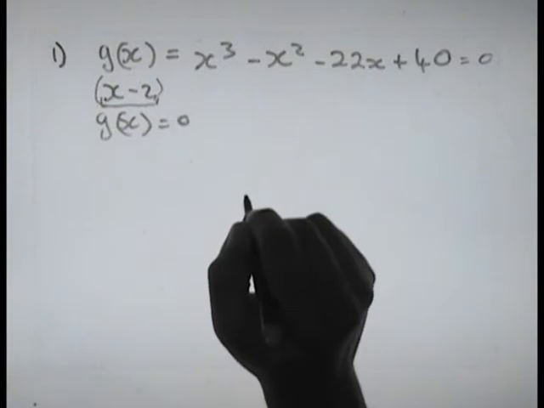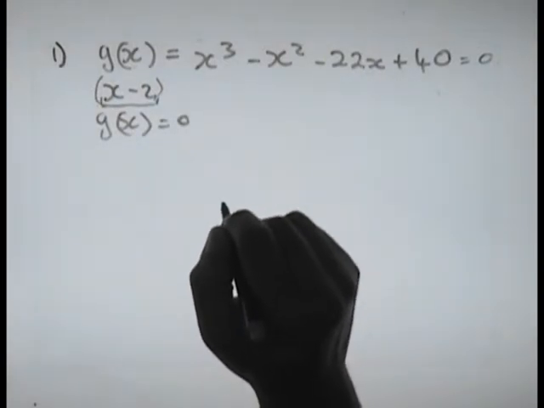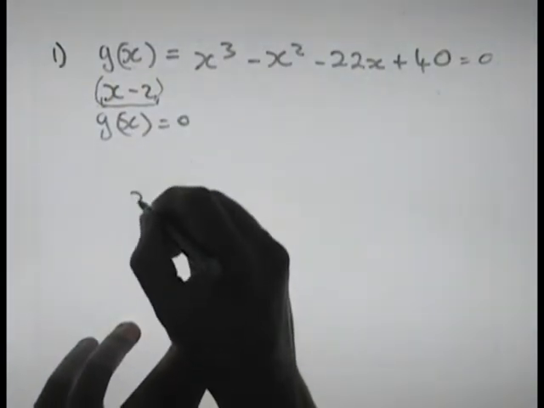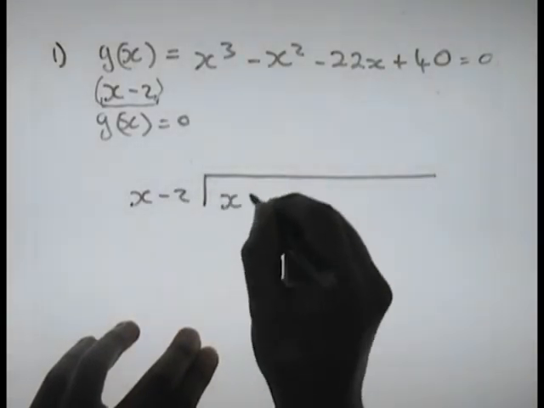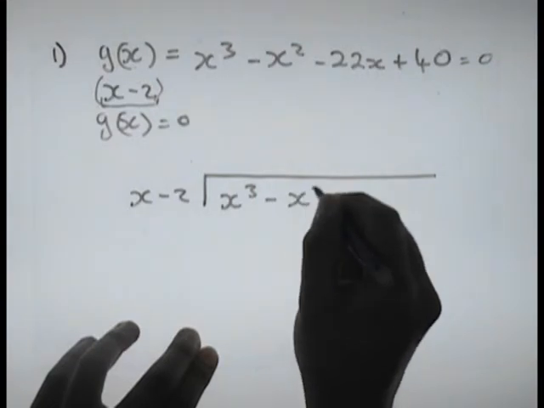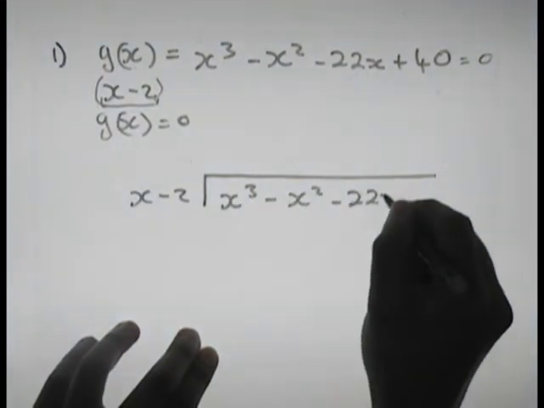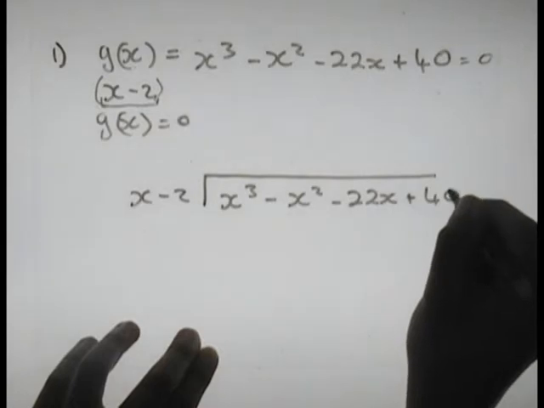I'm going to do this using long division or synthetic division. It's going to be x minus 2 into x cubed minus x squared minus 22x plus 40.